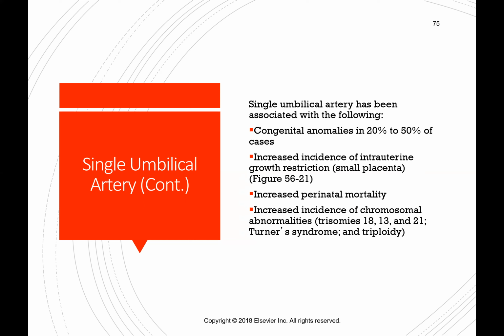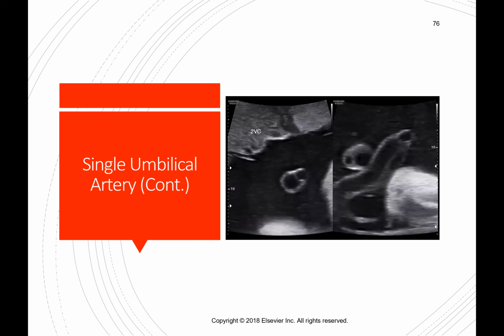I see that sometimes heart defects are associated with two-vessel cords, and kidney issues too. There's an increased rate of perinatal mortality and increased incidence of chromosomal abnormalities. So this is one vein, one artery, so you can look at it and diagnose this way.